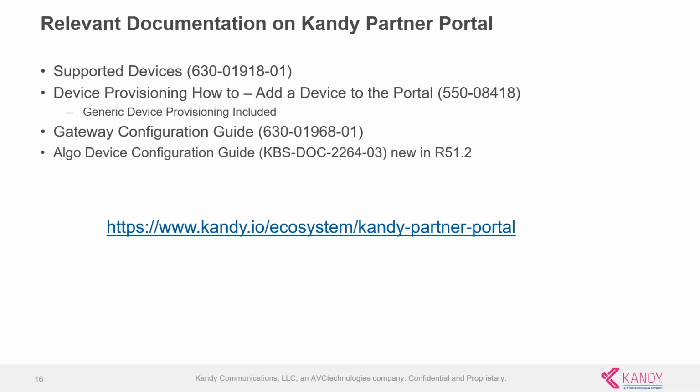And then we added a document not too long ago, the device provisioning how-to. We've been adding some how-to guides, such as how to add a device to the portal. And the generic device provisioning that Jason Whitaker referred to and went through earlier is included in that. So that's a recent update. Don't forget the gateway configuration guide.